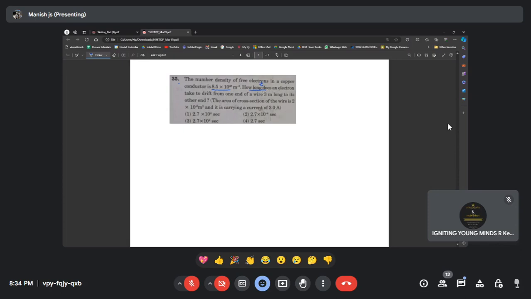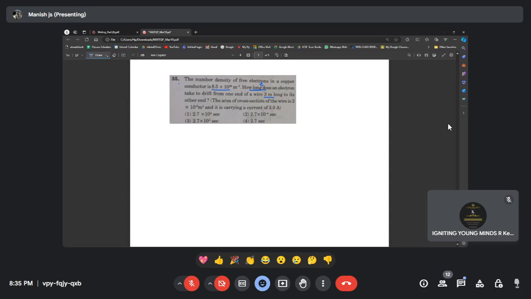Okay, so how much time does the electron take to drift from one end of the wire of 3 meter length, that is L is 3 meters, to its other end? They have given you the area of cross section and the current also is being given. So this is to do with the drift velocity formula. Which is the formula that relates drift velocity, current, area of cross section, number of electrons?